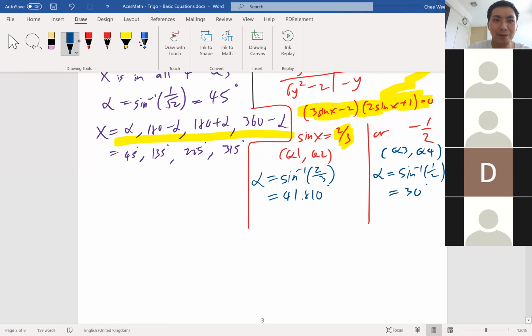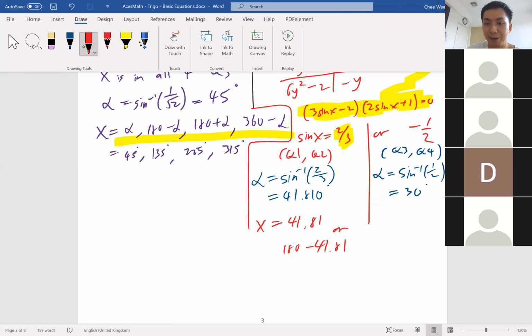Then the final answer for the first case, x is equal to 41.8 degrees, or in Q2, 138.2 degrees.